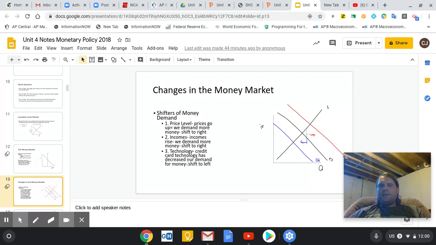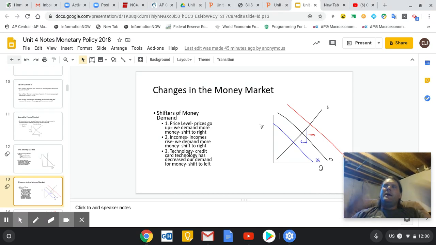Technology has decreased our demand for borrowing money in a formal basis, right, with credit cards. And so anyway, the bottom line is we need to know that when we shift our demand here, that basically is increasing the M1 money, right, in our pockets for a short period of time. I'm going to take that money, I'm borrowing it, and I'm going to purchase a product with it, whether it be a house, a car, whatever, right?